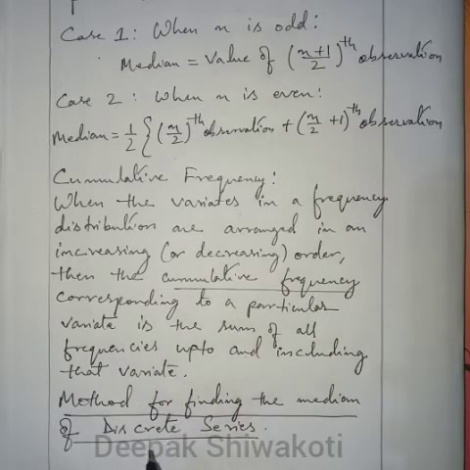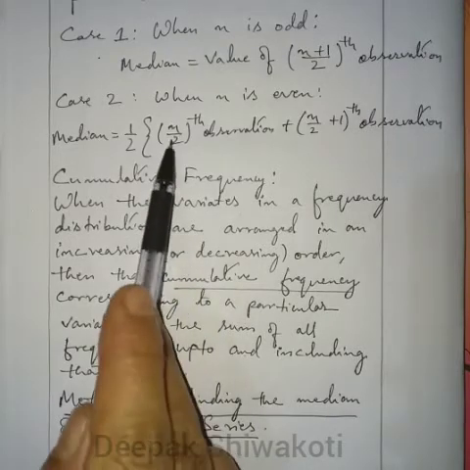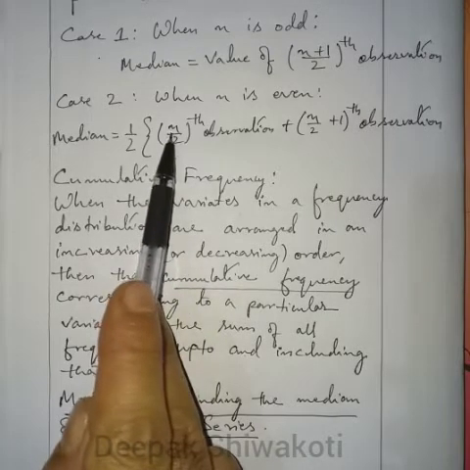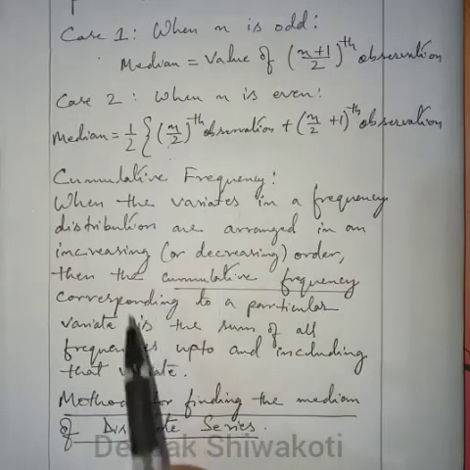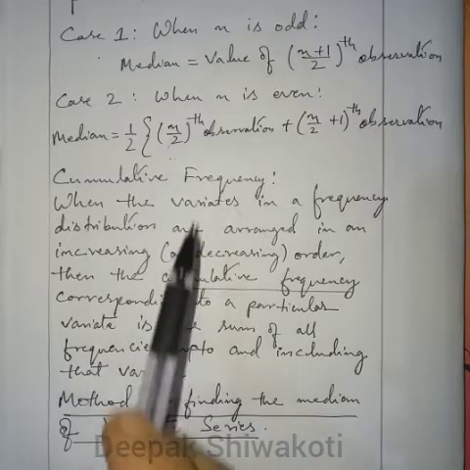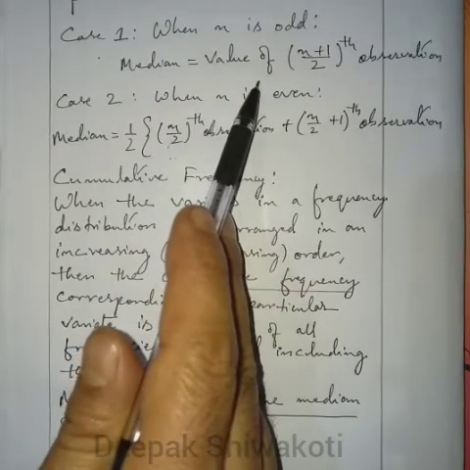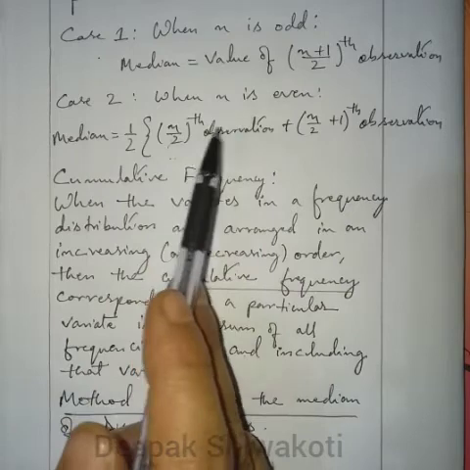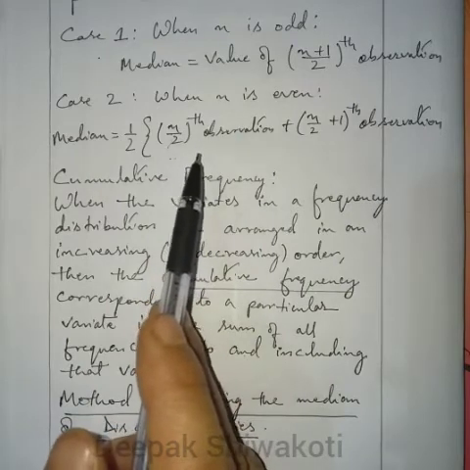Then we find n, the number of observations or number of items. If n is odd, we apply the odd formula, and if n is even, we apply the even formula.